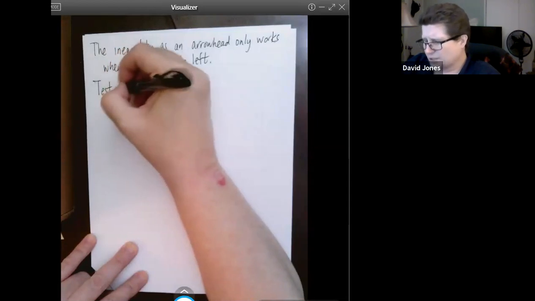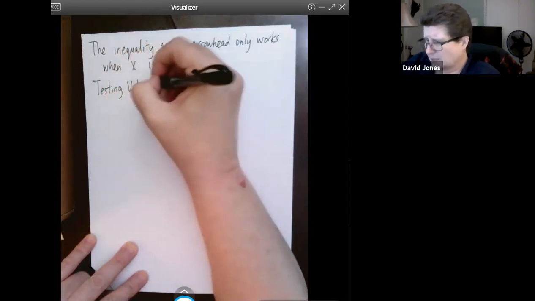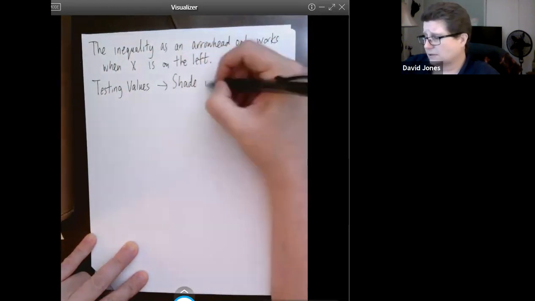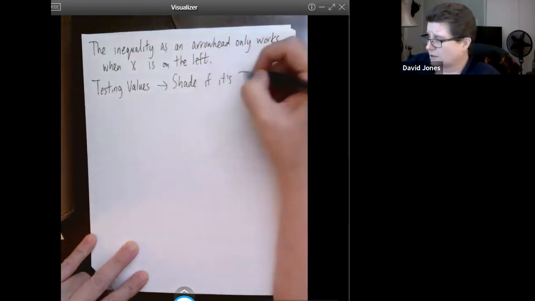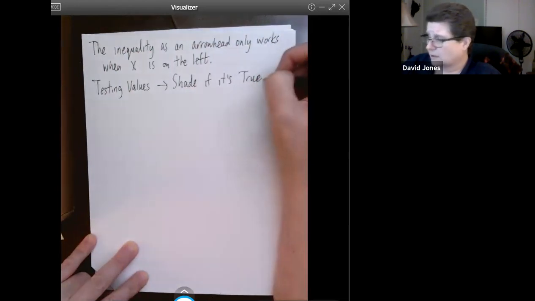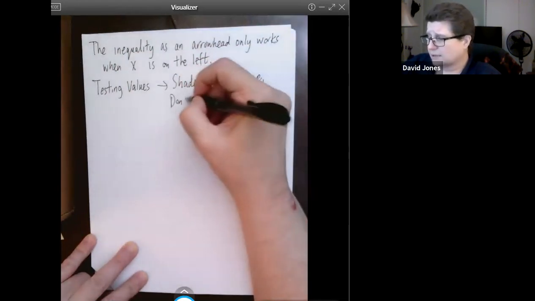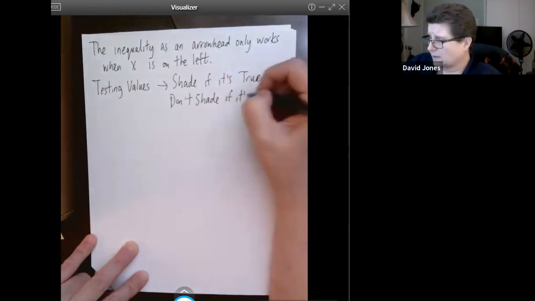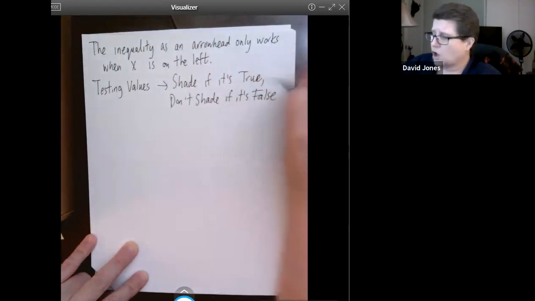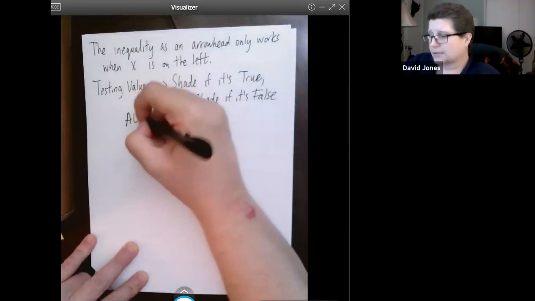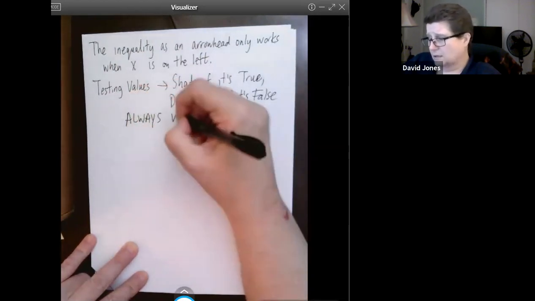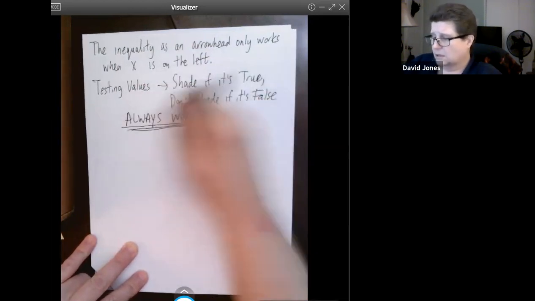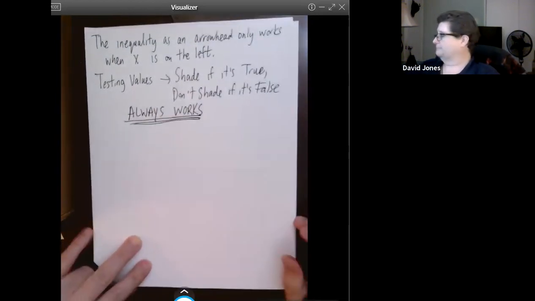Testing values, and then shade if it's true. Don't shade if it's false. Always works. Okay?